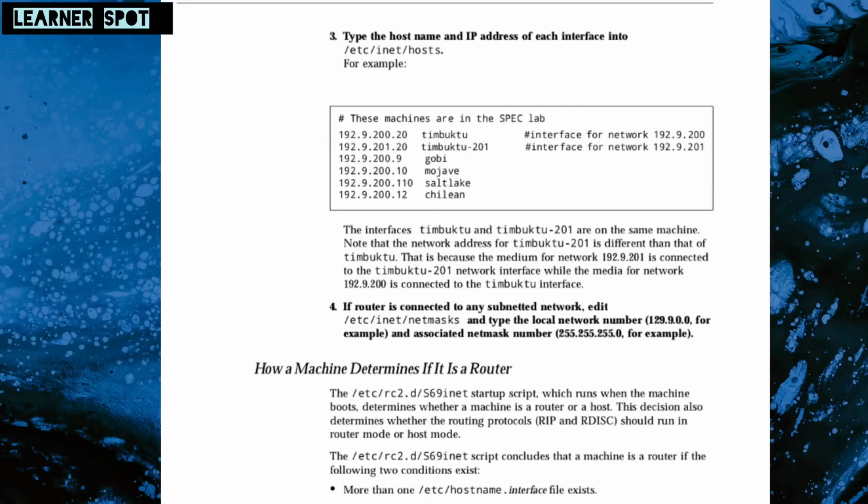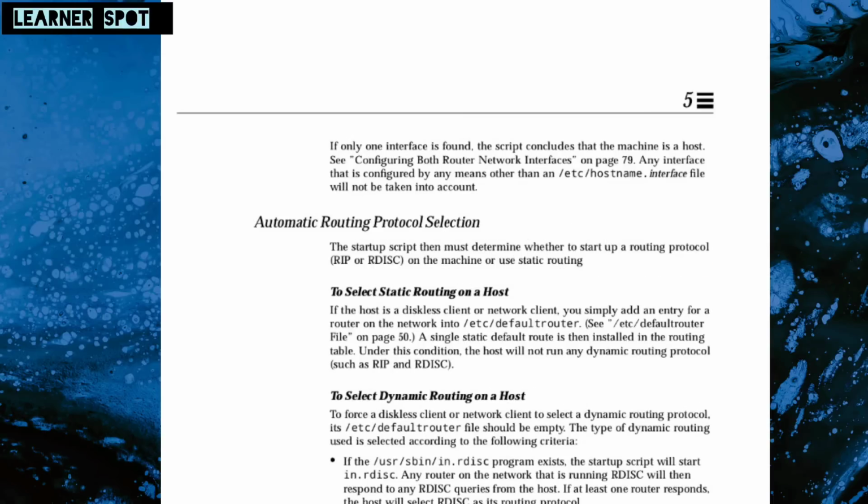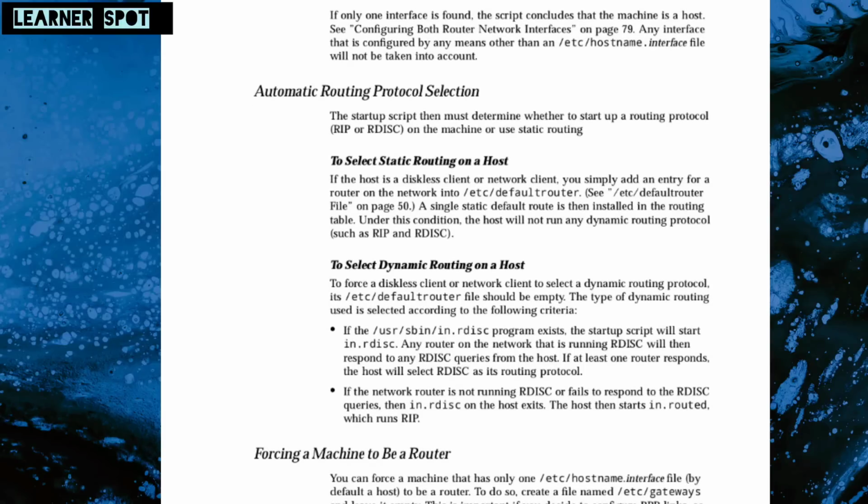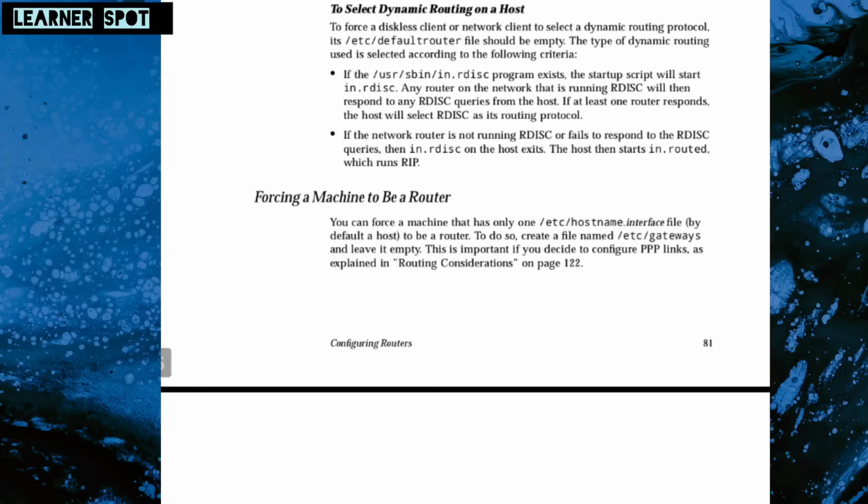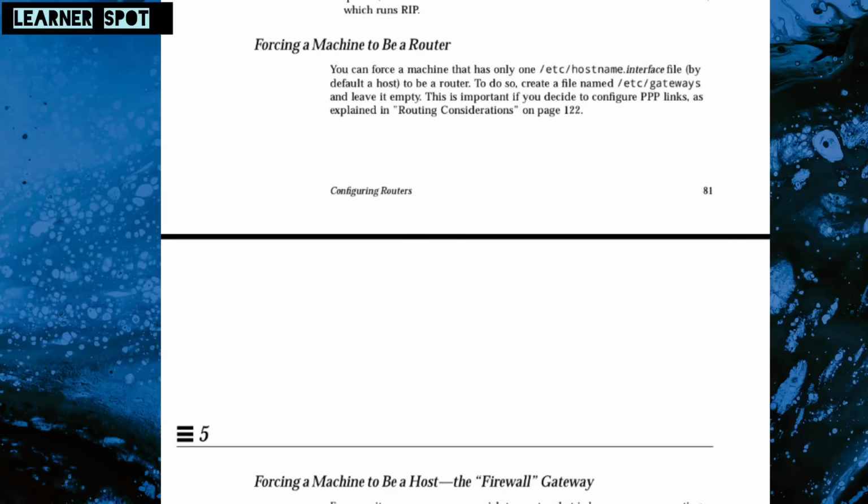Next, how does a machine determine if it is a router? Let's skip that part and jump into automatic routing and protocol selection. To select static routing on a host, if the host is a client on the network, you can simply add an entry for the routers on the network into the defaultrouter file. To force a machine that has only one hostname.interface file to be a router, which by default would be a host, and forcing a machine to be a host, we also have to specify the firewall gateways.